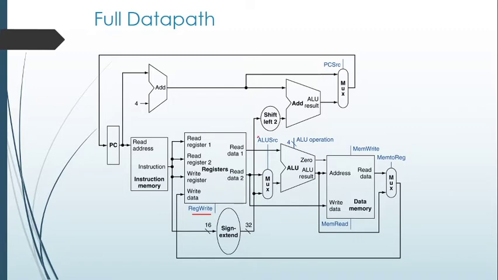These are the control signals that control the flow of data, the different tasks that are going to be performed according to different instructions. So we will see how these control signals are generated, and how they influence the flow of data in the data path.